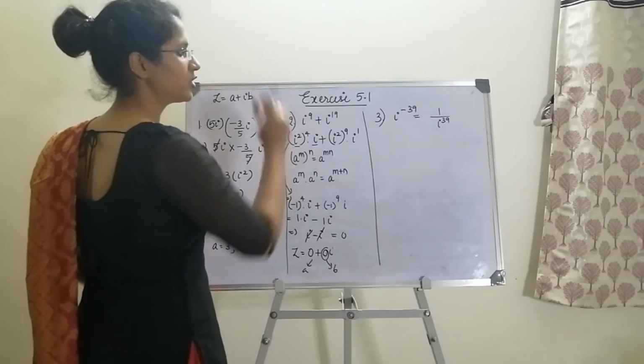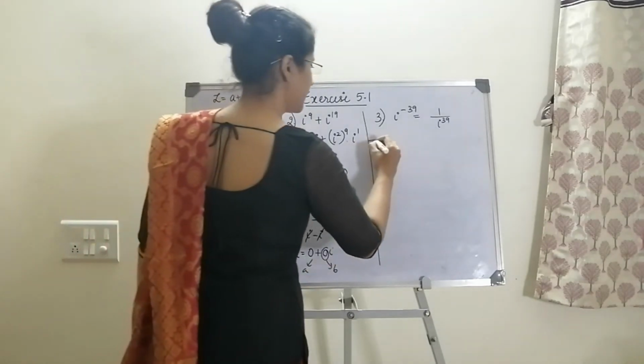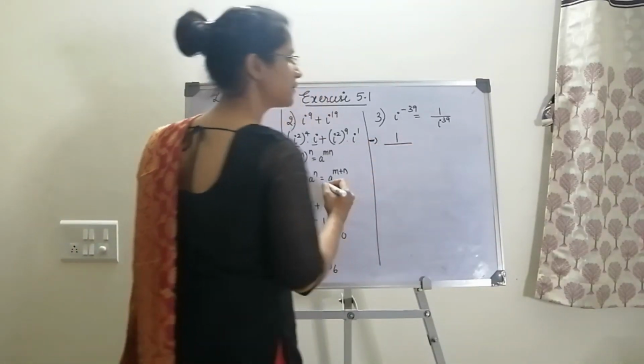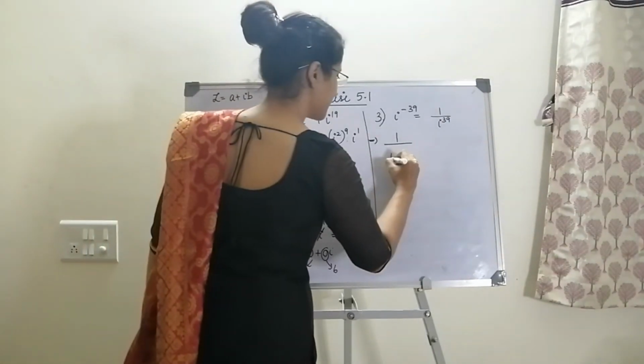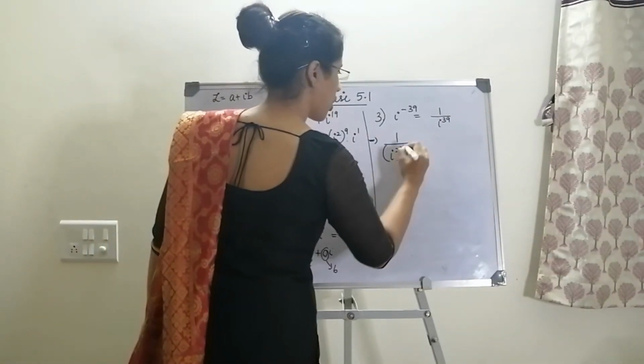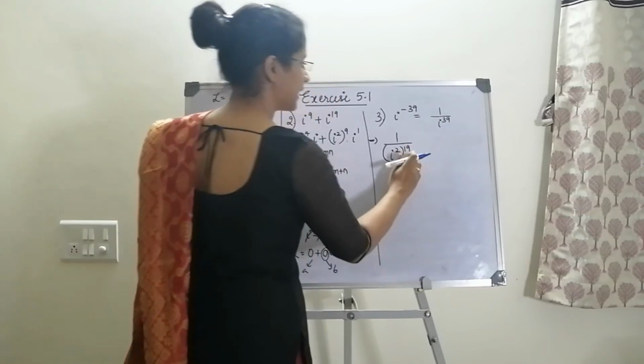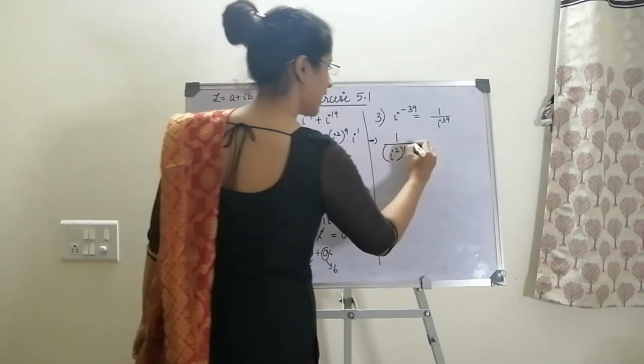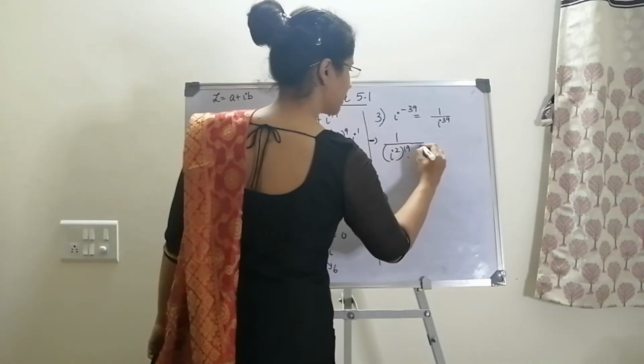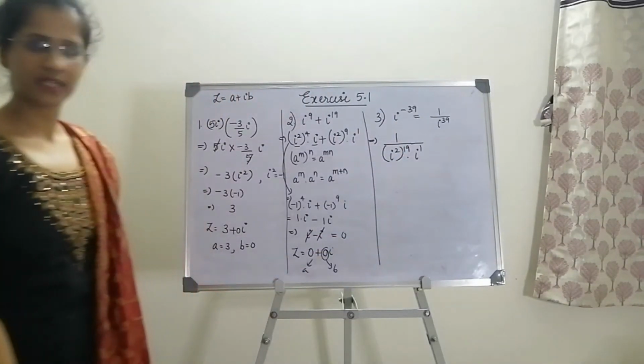So I've got i to the power 39. I to the power 39 in terms of i square can be written as i square whole to the power 19. 19 twos are 38, and what is remaining? i to the power 1. Yes.